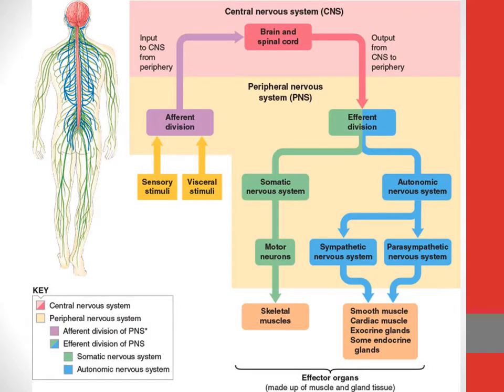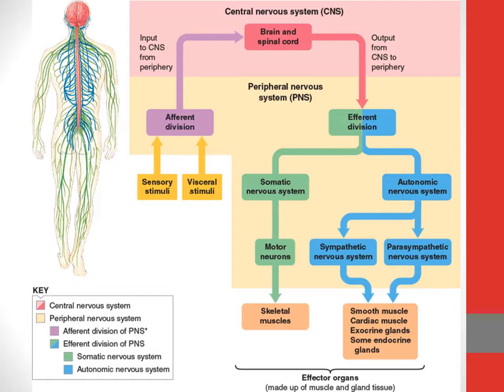Okay, so let's do a little review of the central and peripheral nervous system. So remember, the central nervous system is made up of the brain and the spinal cord. And the brain wants to obtain information, and that's through its afferent division, meaning signals that are coming to the brain.